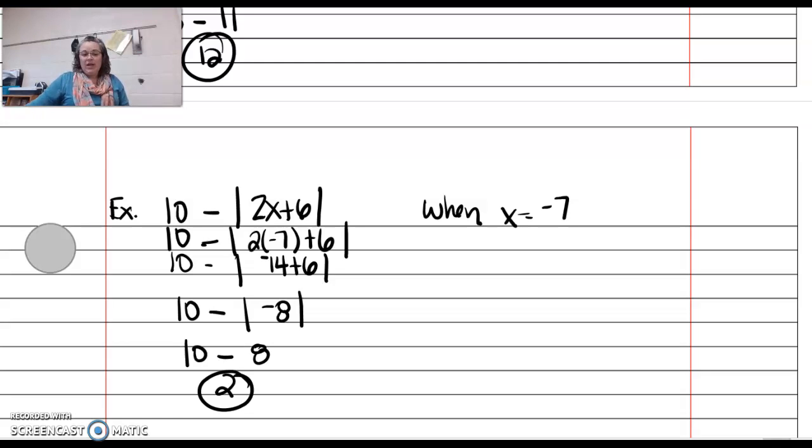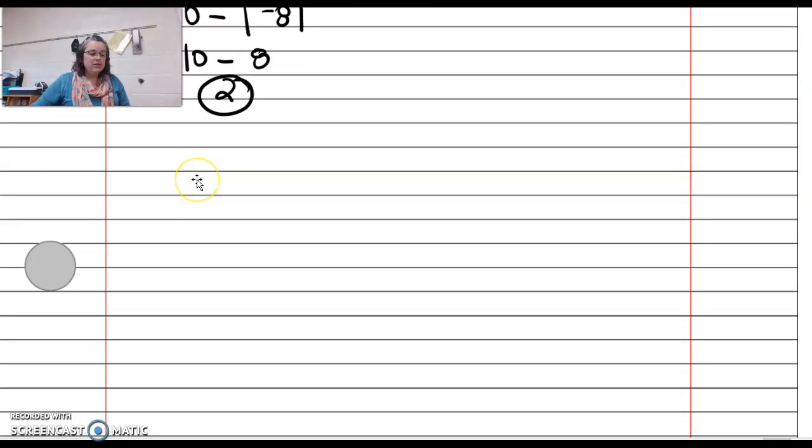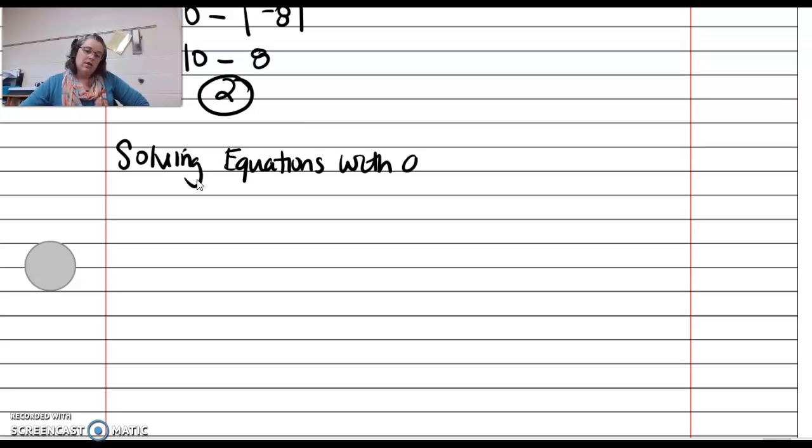What we're going to get into next is solving absolute value equations. So I'm going to put solving. And this is where it gets a little tricky because we might have two solutions.